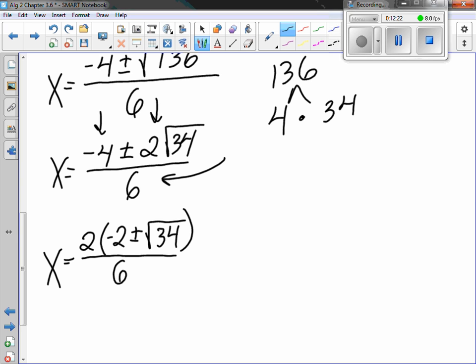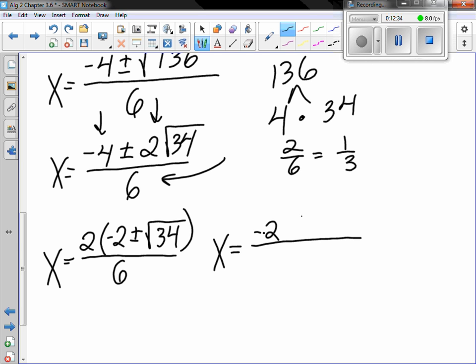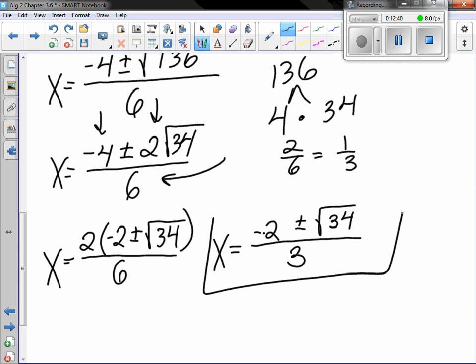Well, 2 over 6 is going to reduce to what? 1/3. So really, x is equal to negative 2 plus or minus the square root of 34 over 3. This is most likely the answer that Big Idea Math is wanting. It's wanting it simplified all the way down.